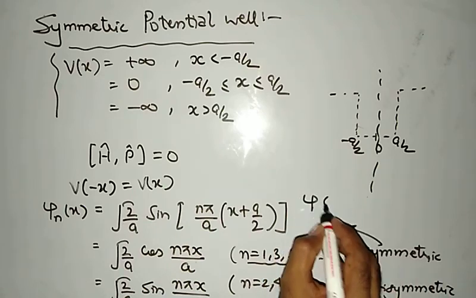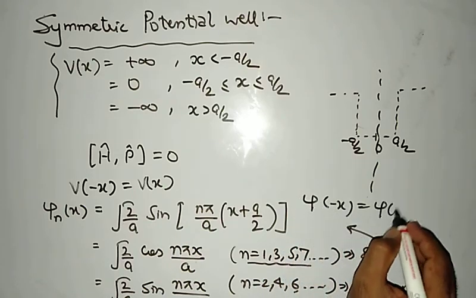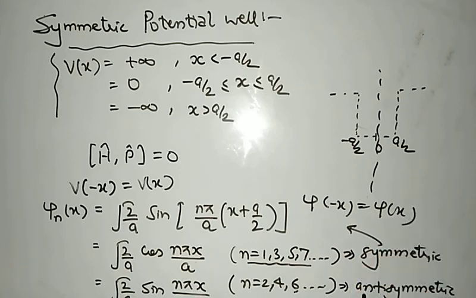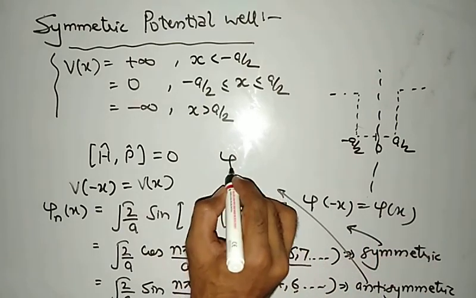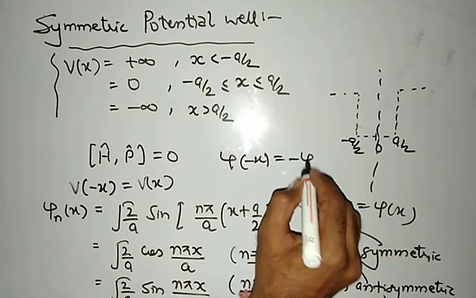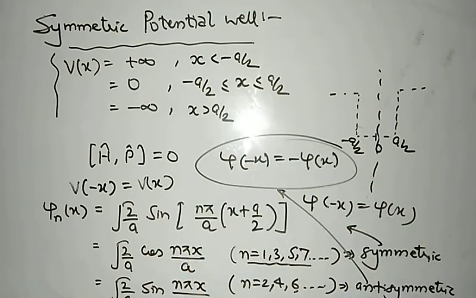Symmetric means psi of minus x is equal to psi of x, and for antisymmetric psi of minus x is equal to minus psi of x. So this is what we have discussed: the infinite square potential, for asymmetric and symmetric potential wells. Now in the next video we will deal with the finite square potential. Thank you.